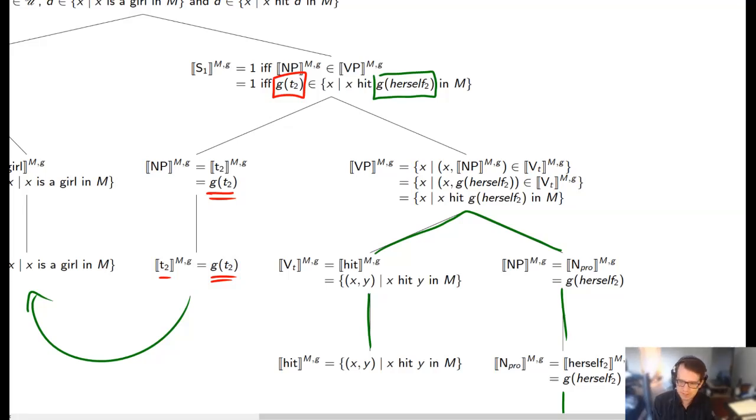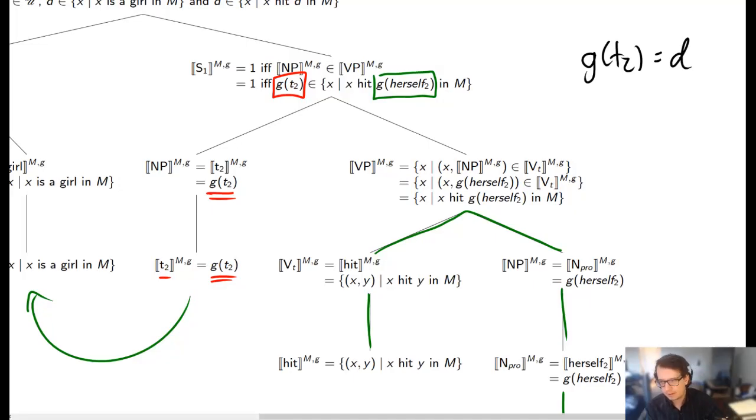So we just have two things that we can't evaluate yet. So how do we evaluate these? Well, we're going to do some binding. So you can imagine what's going to happen here. Normally when we do binding, we say something like, okay, g of T2 is equal to d, and then we do one replacement.